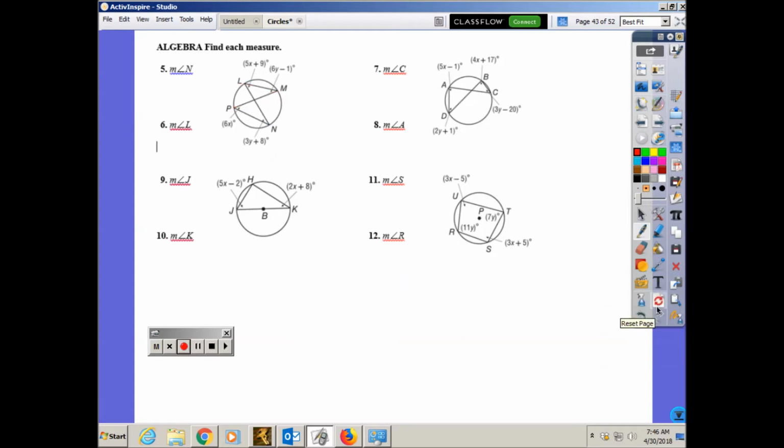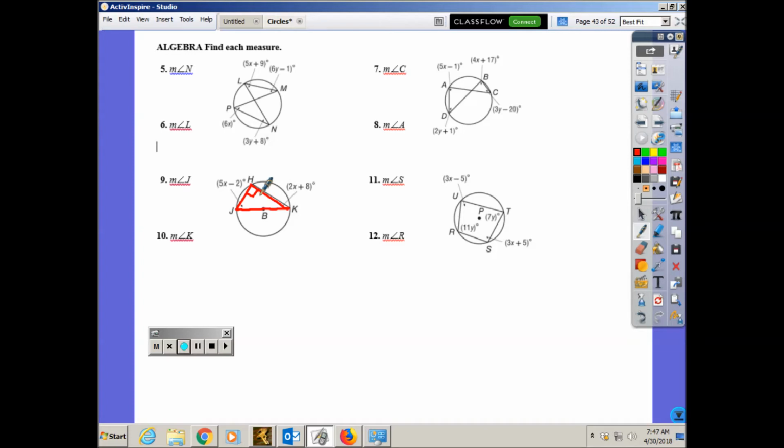Two other theorems that we learned about in this lesson. We learned that if a triangle is inscribed in a circle and the diameter is part of that triangle, then the angle opposite the diameter is a right angle.